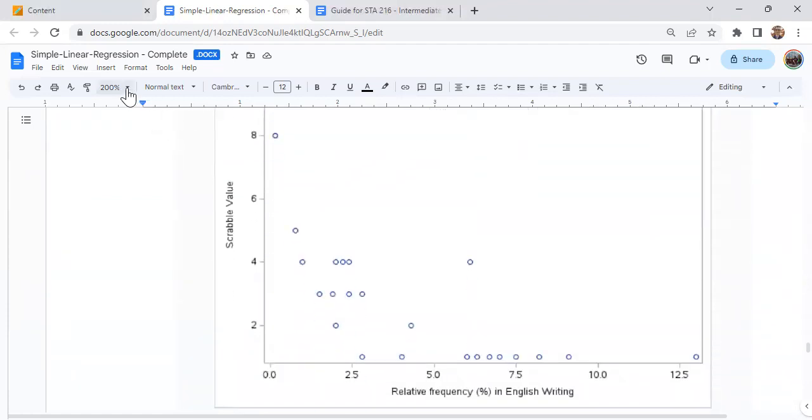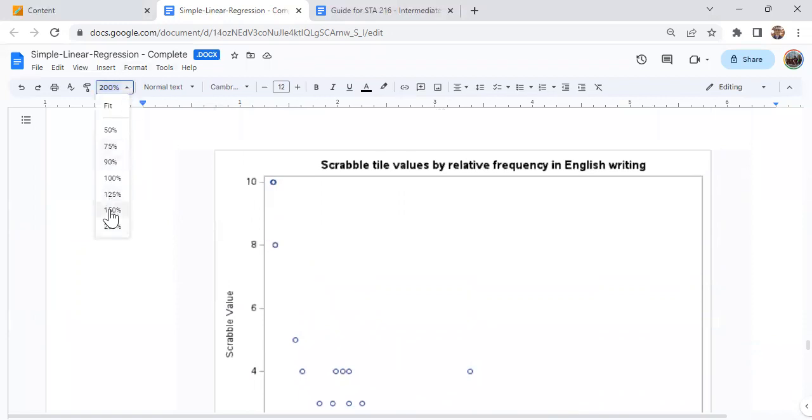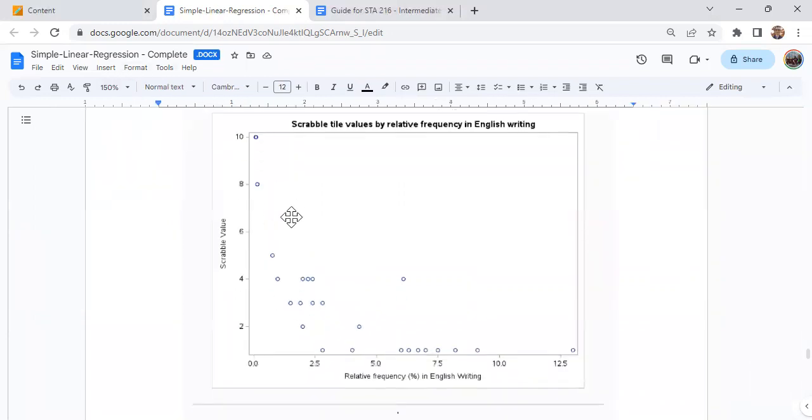And here's a scatter plot of the Scrabble value and the relative frequency. So with scatter plots, the convention is always to have the response variable y on the vertical axis and the predictor variable, or the explanatory variable, in this case, relative frequency, on the horizontal axis.